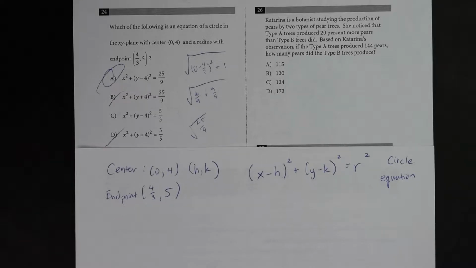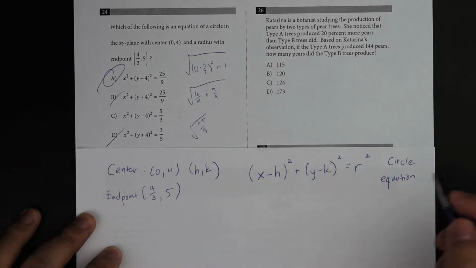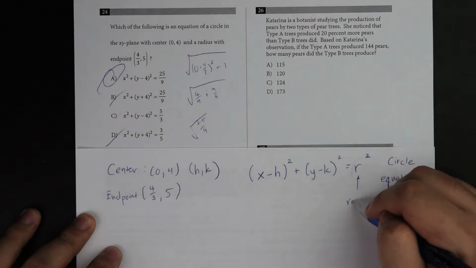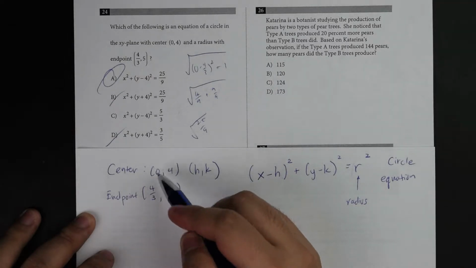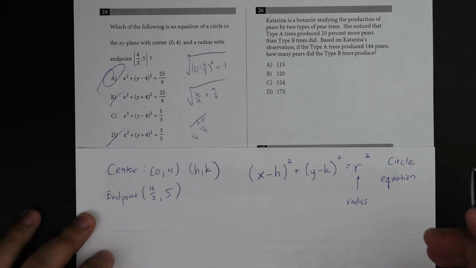But there's one other concept that plays into solving this quickly, and it is the distance formula. In order to find r, which represents my radius, I need to find the distance from the center point to this endpoint on the circumference of the circle.